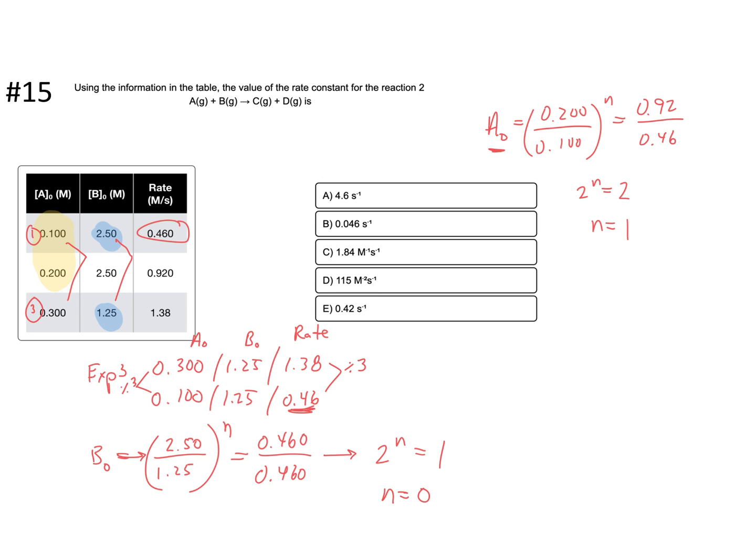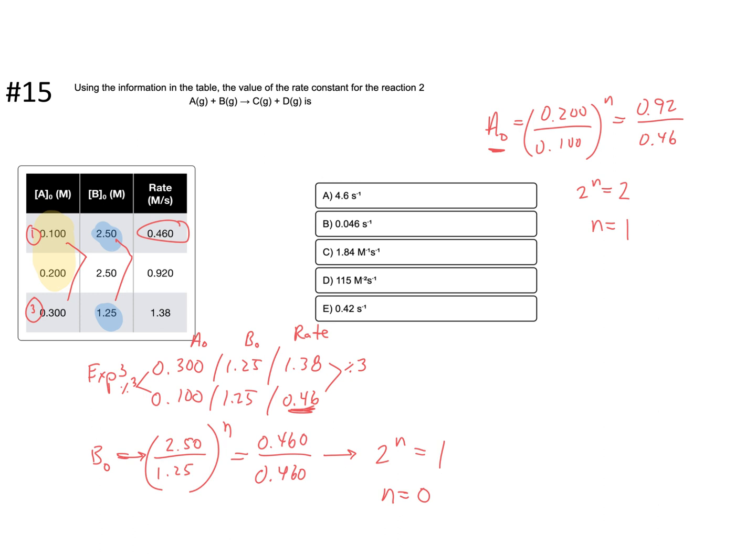So this is a zero order reaction with respect to B, and we can see that because zero order tells you that B has no impact on the rate of the reaction. So if I double the concentration, the rate stays the same because there's no relationship between the concentration of B and the rate of the reaction. I could put in 10 times as much B in the reaction, and again, the rate should not change because it's zero order. So we finished step 1.